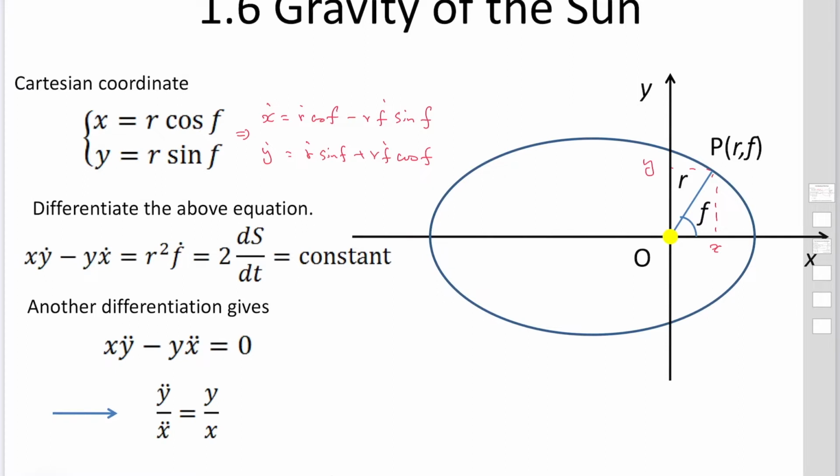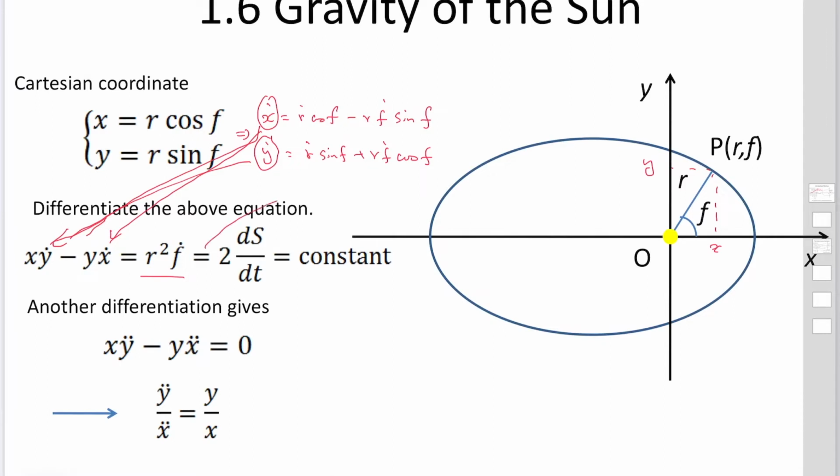Once we have x dot and y dot, you can substitute them here and make a simple calculation. It becomes r squared φ dot.